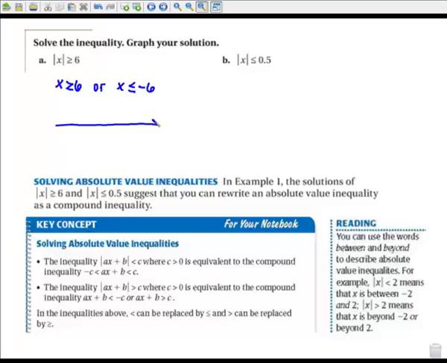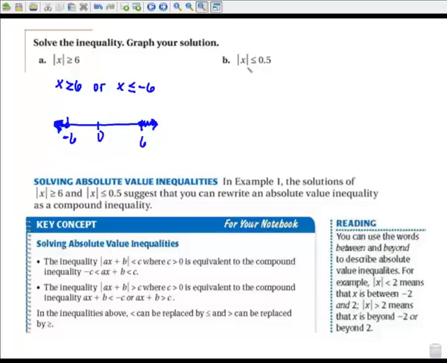When we graph this out, with 0 here, 6 and negative 6, anything from 6 to the right, or from negative 6 to the left, is greater than or equal to 6 units from 0.